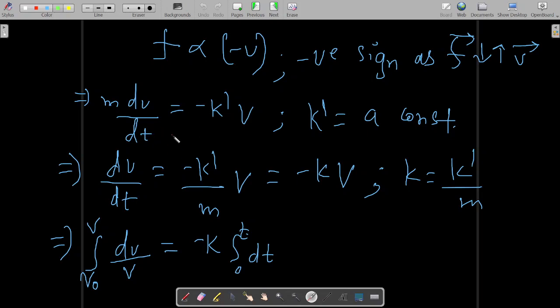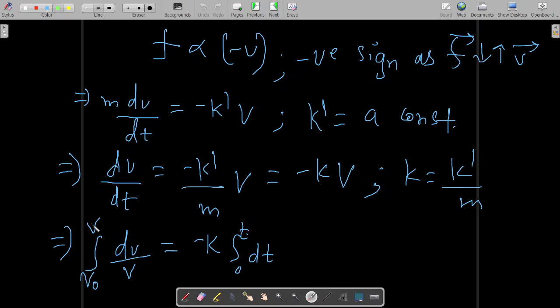This is not a system of variable mass, this is a system of constant mass. So dv by dt equals minus k dash by m times v. Now k dash by m is again a constant, because k dash is a constant and m is a constant. So let us denote it by another constant k. So k dash by m equals k, and v remains as it is over here.